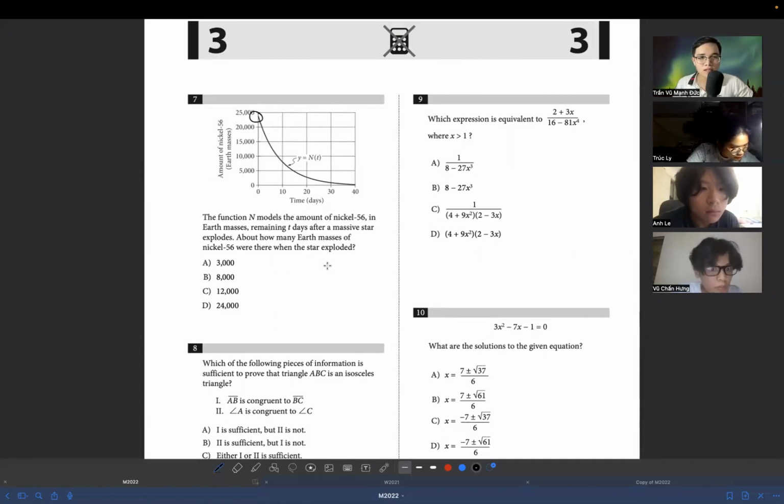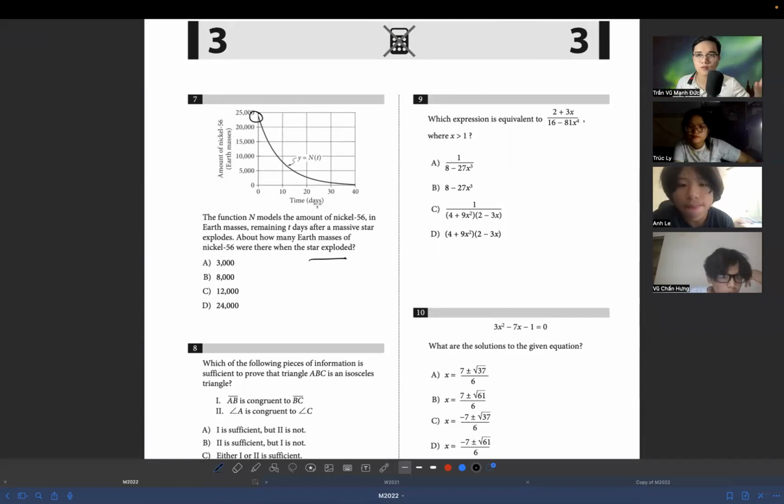So when the star exploded, we have to read the question. When does the star explode? The function n models the amount of nickel. This is just words. You don't really have to pay too much attention to this because it will distract you. So focus on what matters.